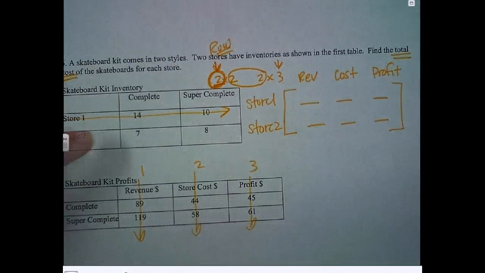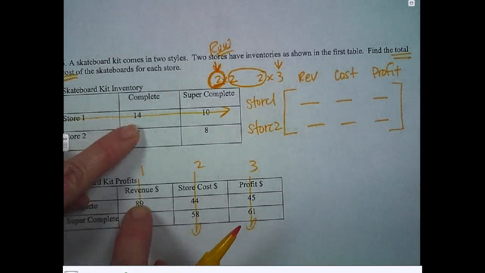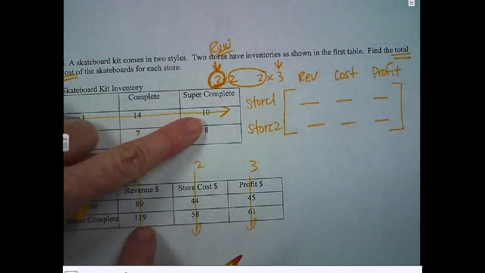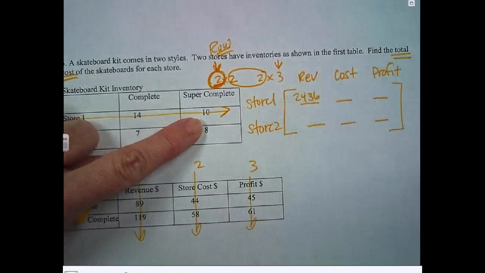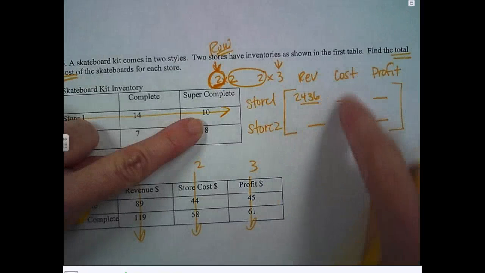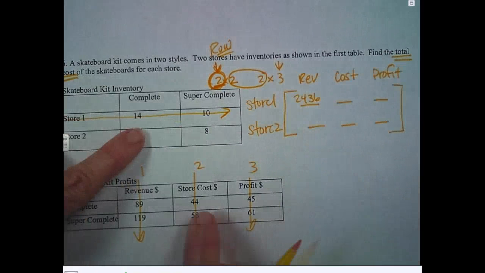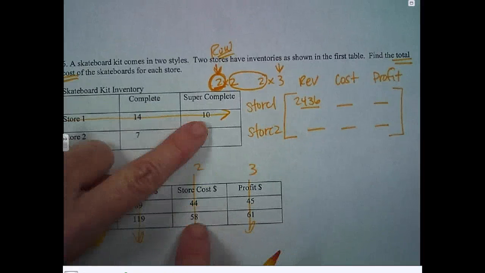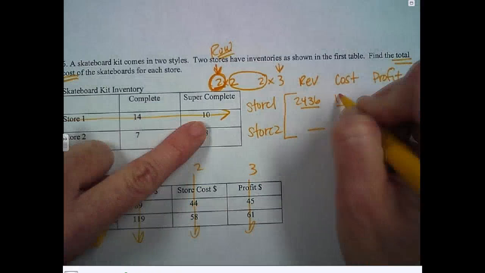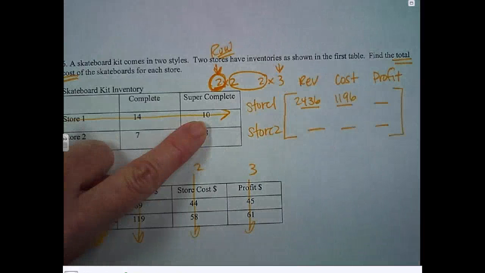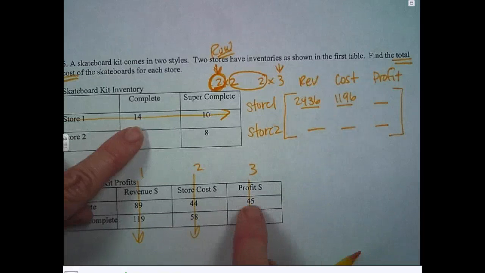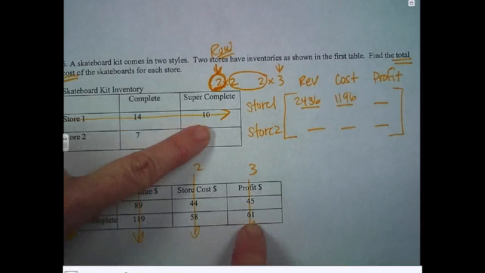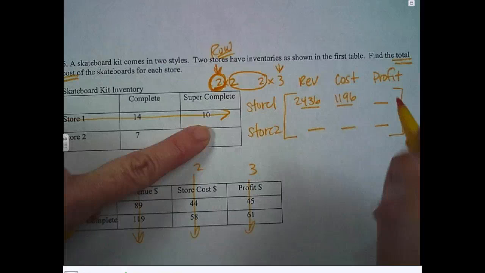So I'm gonna take 14 times 89 plus 119 times 10. And you get 2436. I know it's a big number. Now go to this one. 14 times 44 and 10 times 58. 1196. And then the profit would be 14 times 45 plus 61 times 10. 1240.